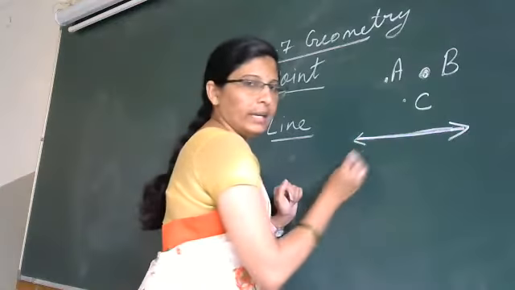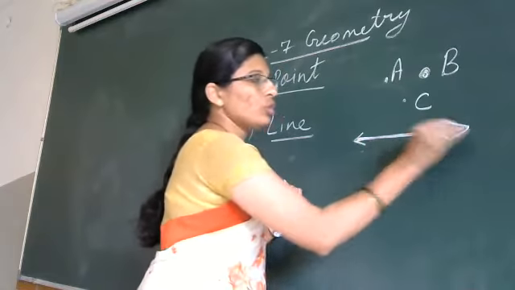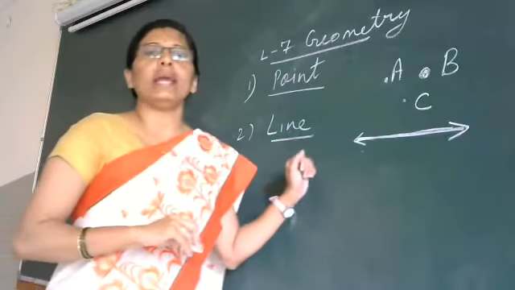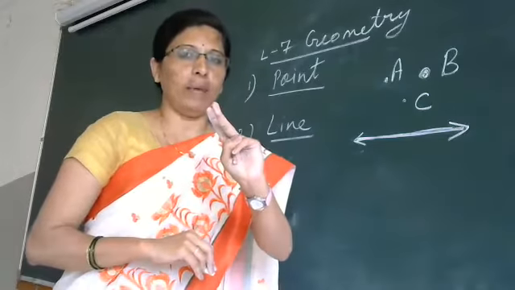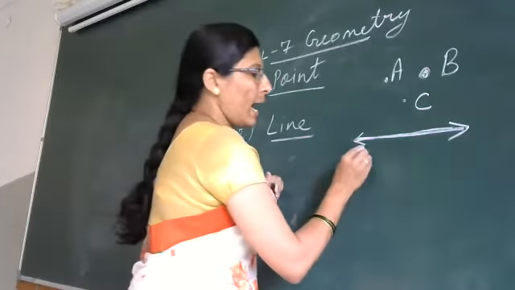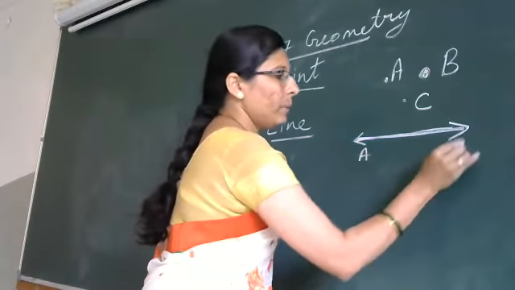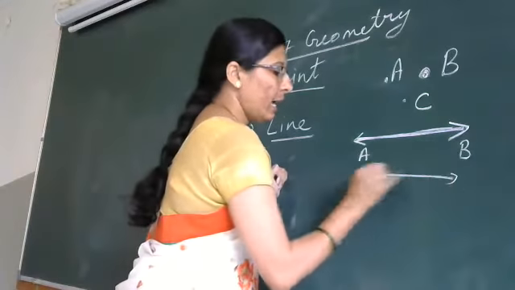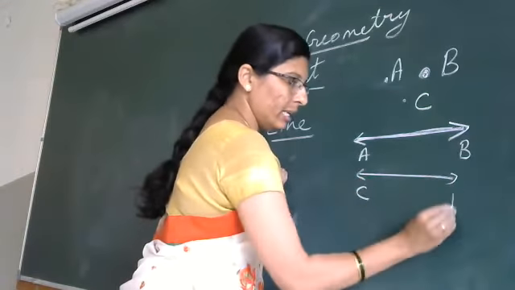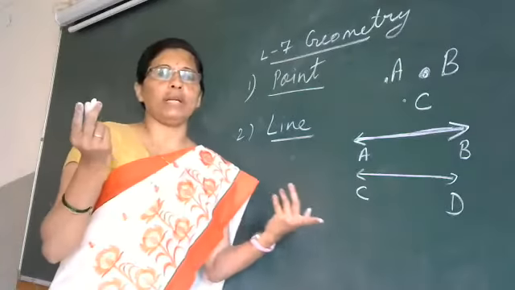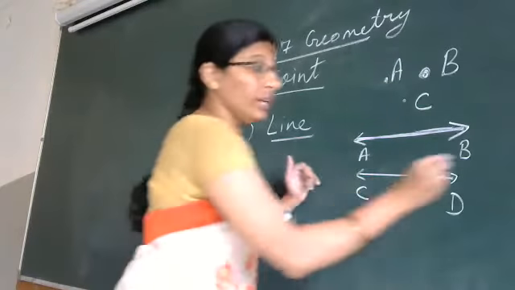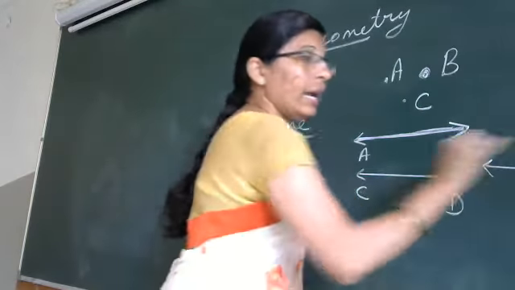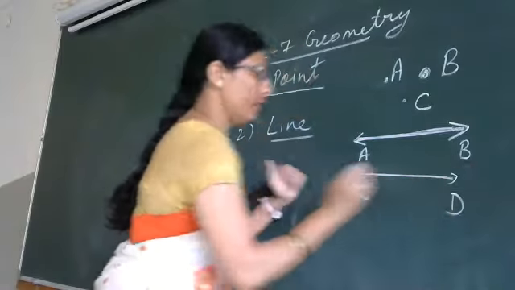Now this straight line is also denoted by any two capital alphabets. We can take A, B, line AB, or we can take line CD, any two capital alphabets, or we can name it by any small alphabet.